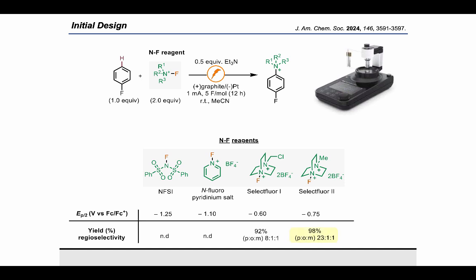However, we were very pleased to observe that the aminium radical cations generated from Selectfluor gave the desired amination product. Importantly, a regioselectivity of up to 23:1:1 para:ortho:meta regioisomers of the arene DABCO-nium salt was obtained by the electrolysis of Selectfluor 2 and fluorobenzene, resulting in a quantitative yield.